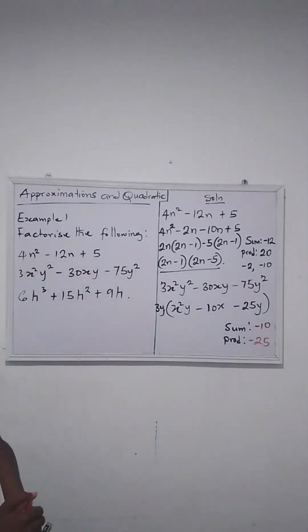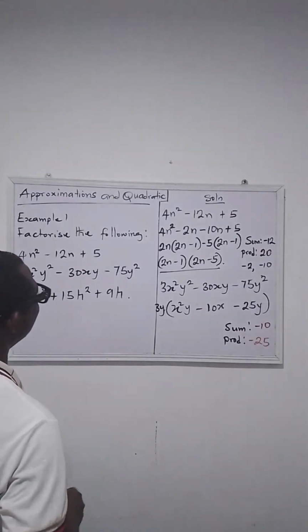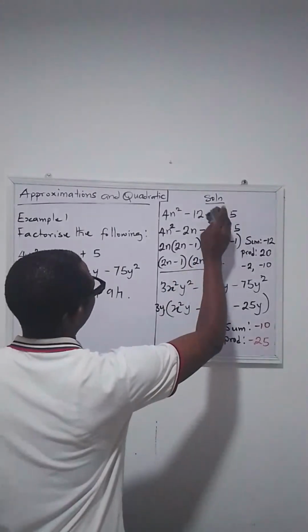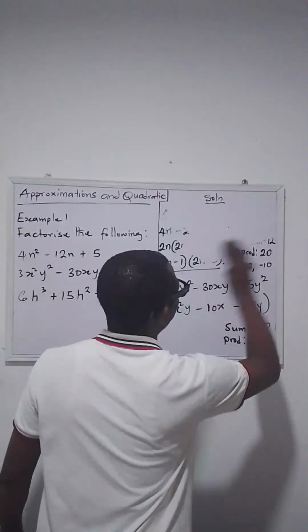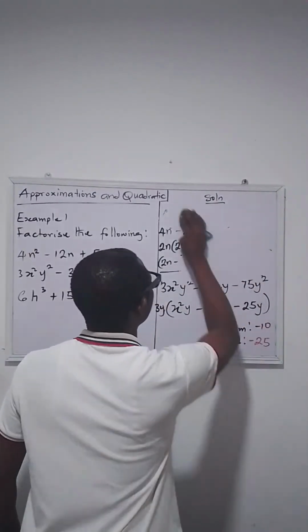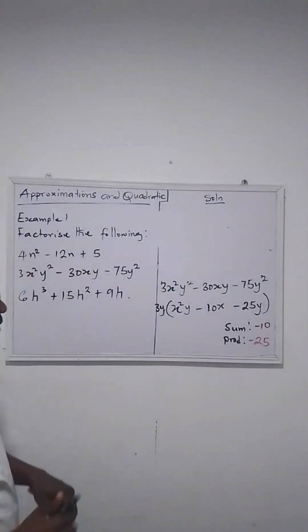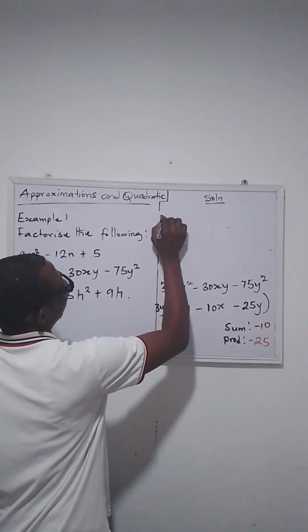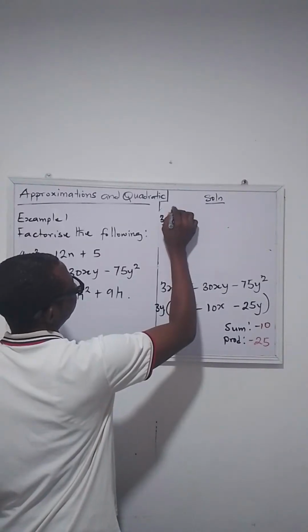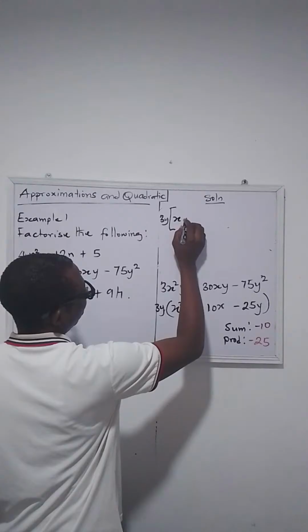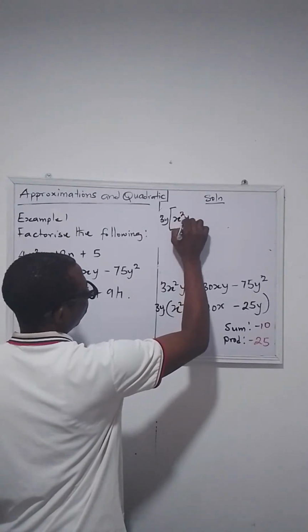Okay, so now let us see how do we solve this problem. Let's do it here. So now we have 3y, x squared y.